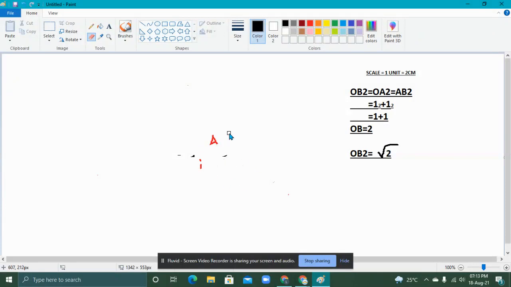Even if you get in the exam that plot root 2 and root 3, it's the same as plotting root 3. But when you're plotting root 2 and root 3 together, you have to write the analysis of both. When you are plotting only a single number, you have to write the analysis only of the single number.